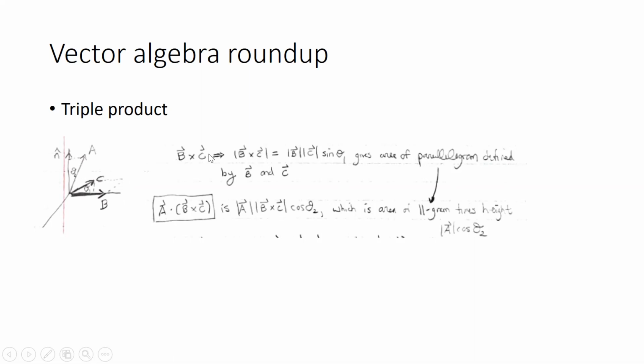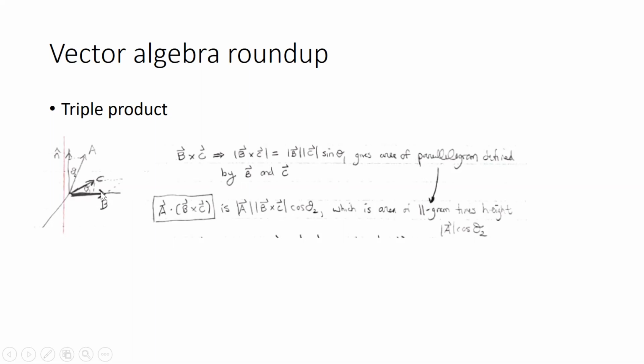Well, B cross C, by our definition, the length of B cross C is the length of B times the length of C times the sine of the angle between them. If you work out geometrically, C times the sine of that angle is this little height.